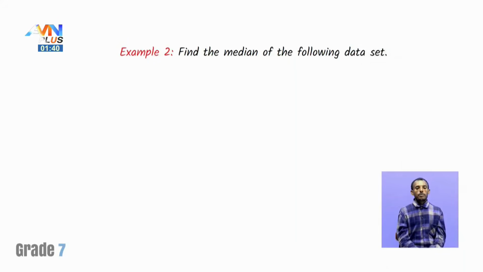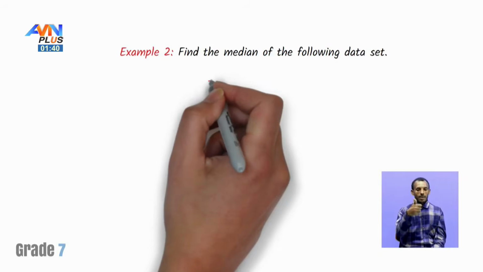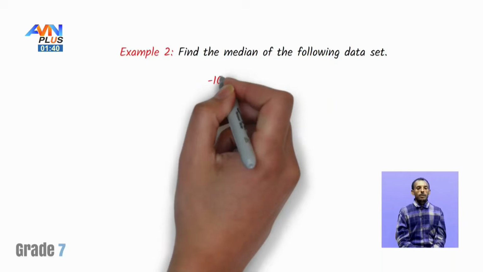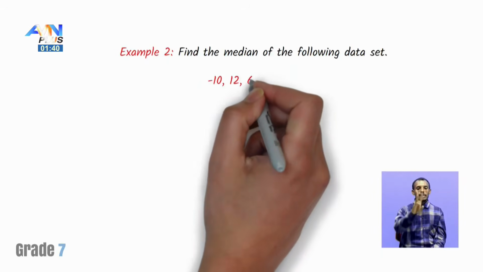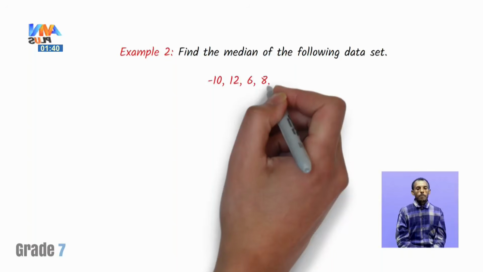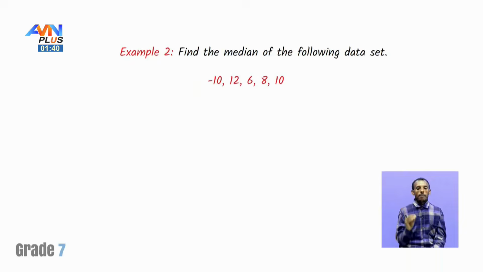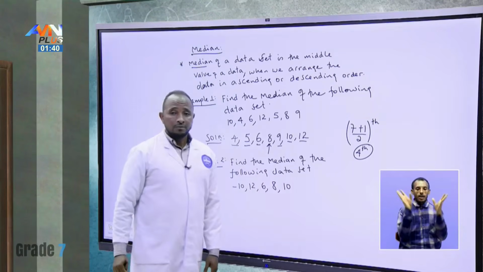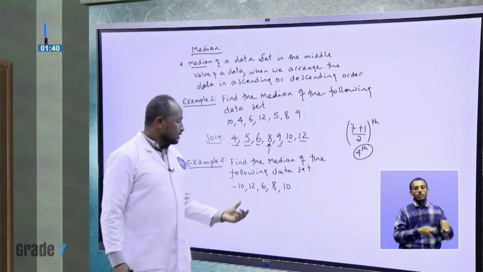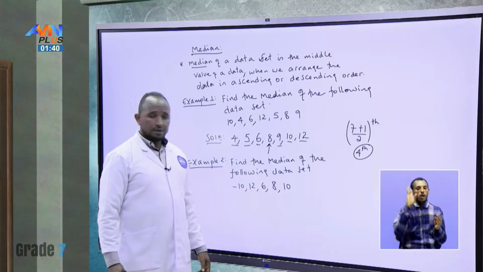Here we have -10, 12, 6, 8, and 10. This data set is given. Please, students, try to find the median of this data set. I'll give you 30 seconds for this.